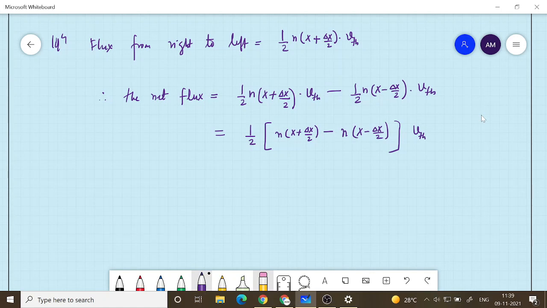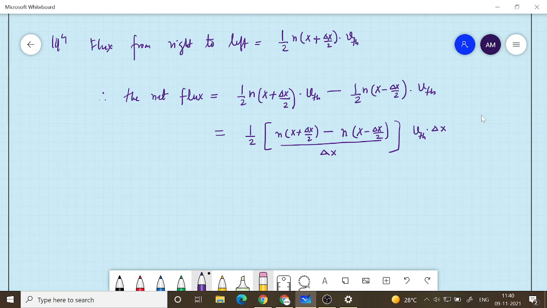Okay, now before we find out the current, let us prepare this in the following manner. So let's divide this by delta x, and if I divide, I should also multiply this with delta x.